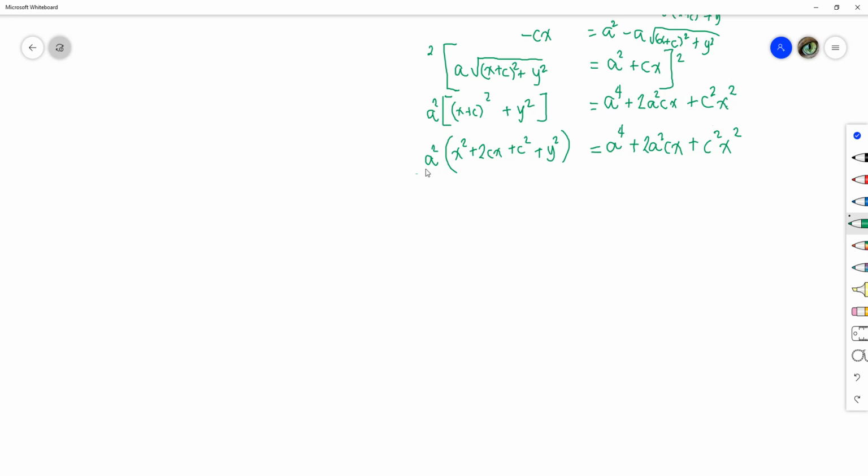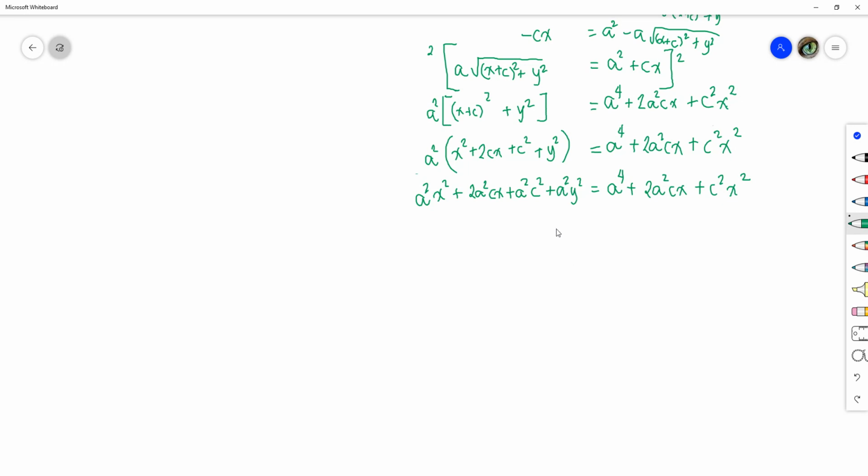Okay. Then, we're going to distribute a squared inside the parentheses. So we have a squared x squared plus 2a squared cx plus a squared c squared plus a squared y squared equals a to the fourth plus 2a squared cx plus c squared x squared. Okay, now let's start to cancel out those terms that are the same.